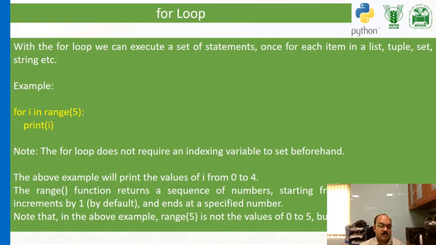Means the endpoint, the specified number, is exclusive, starts from 0 by default, incremented by 1, and it ends at that particular specified number. So we will see the range function in details also.